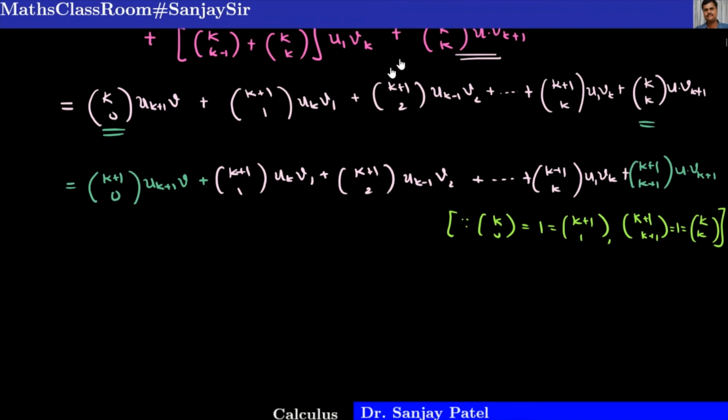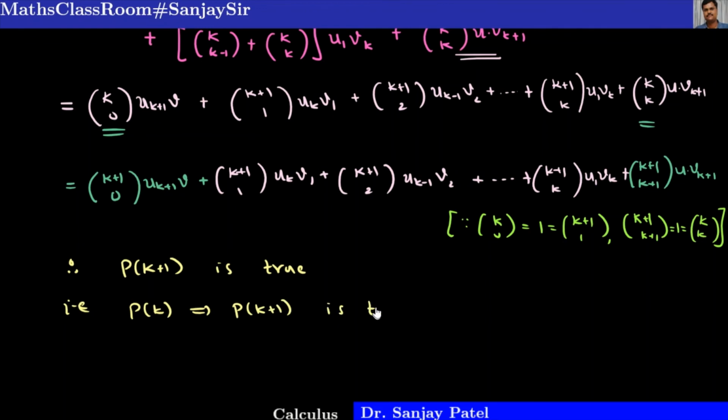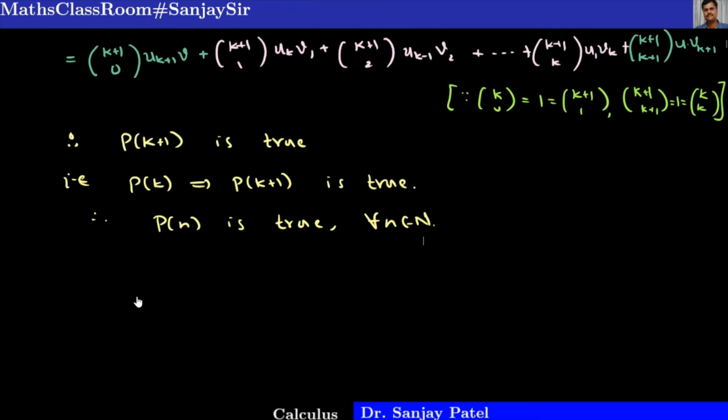So the conclusion I can write here is therefore P(k+1) is true, and that is what we have proved: P(k) implies P(k+1) is true. This is proved, and therefore P(n) is true for every n belonging to N, and hence the Leibniz theorem is proved.